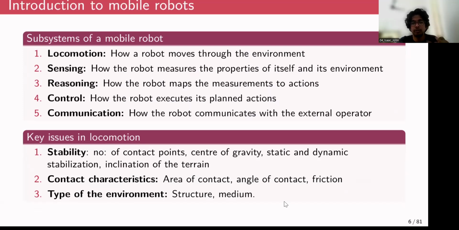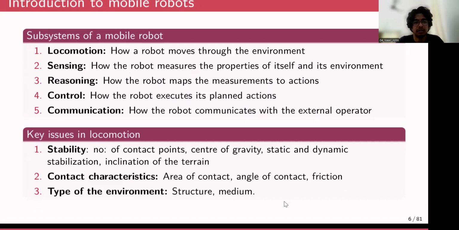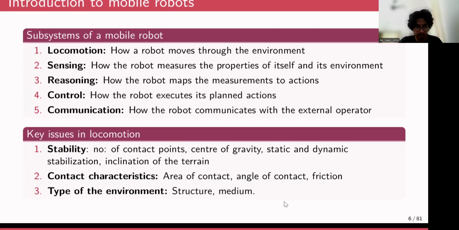So you can ensure that using suspensions for wheeled mobile robots. But again, that is not really a concern for us in this course. And then contact characteristics, the area of contact, angle of contact, friction, all these things are key issues that have to be addressed in locomotion.